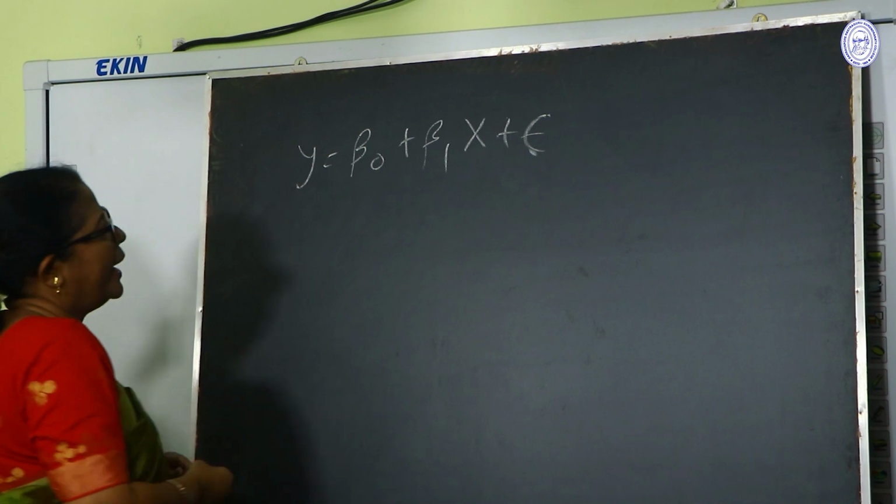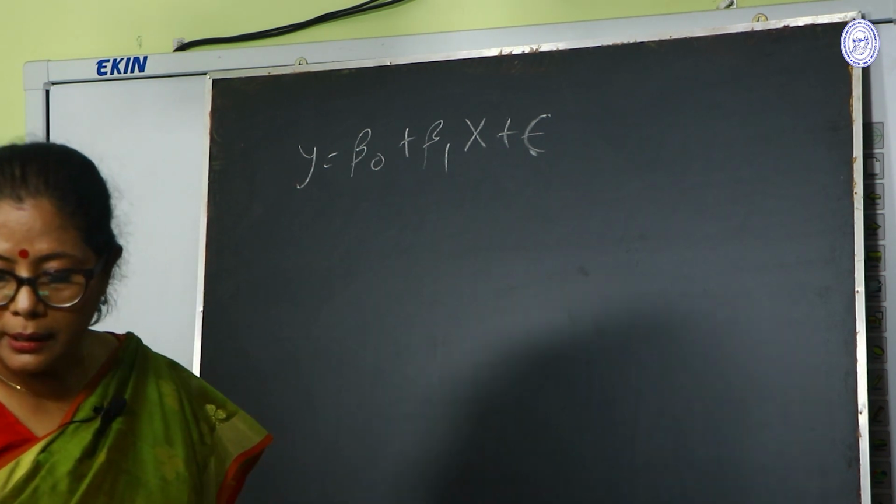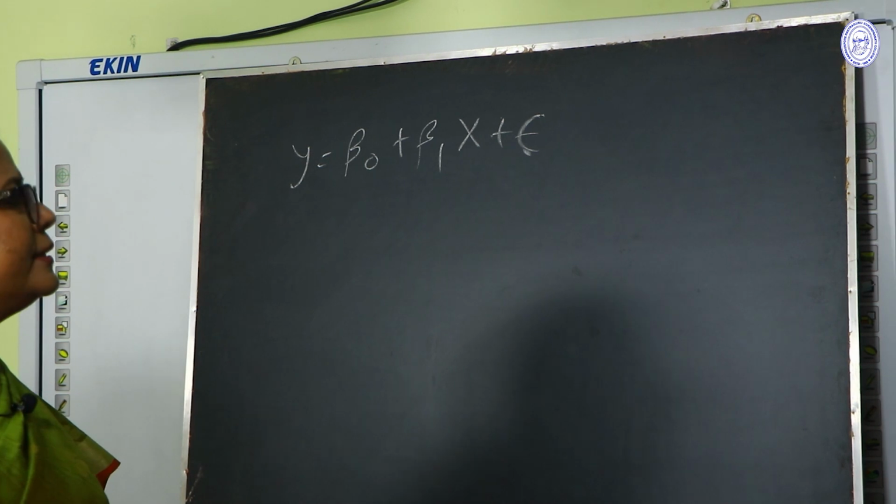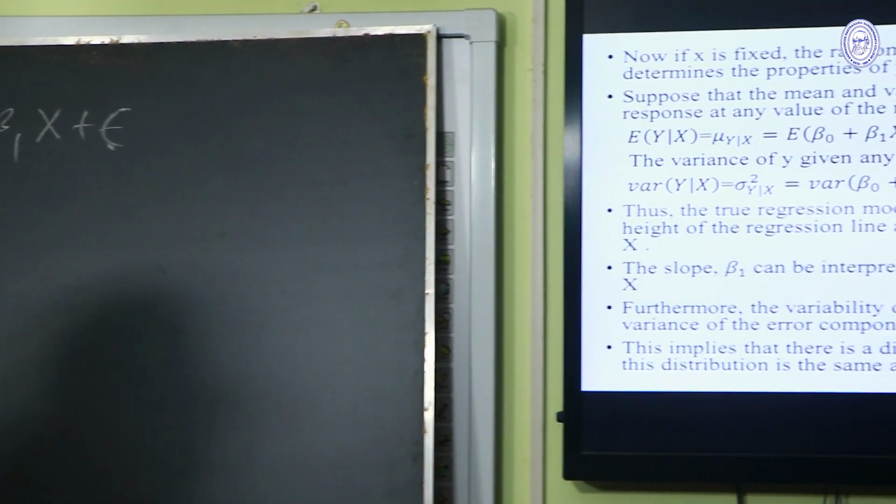So, x is perfectly given, x is exogenous. We are not bothered by x, we are bothered by the error term. That is the main problem in our equation.